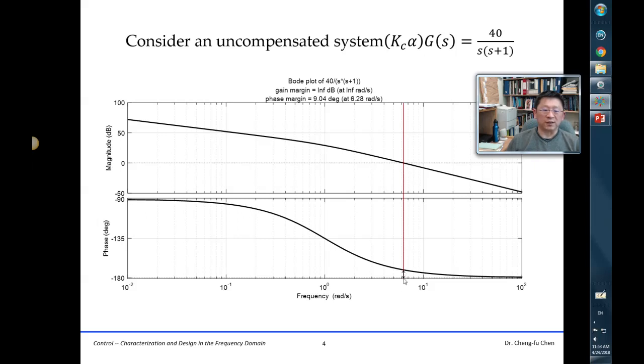The phase margin calculated by MATLAB is about 9 degrees. In certain design criteria, we would like to have a phase margin of, for example, 50 degrees. Compared to the given 9 degrees, we're looking for 40 more degrees contributed by the controller. So positive 40 degrees must be contributed by the controller. In this case, we're looking for a phase lead controller design.